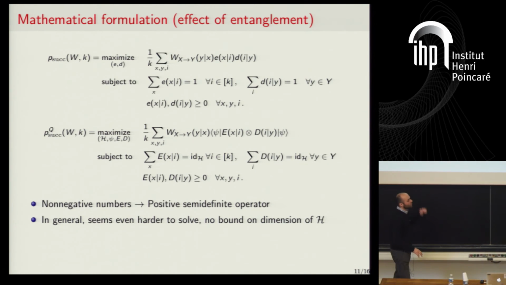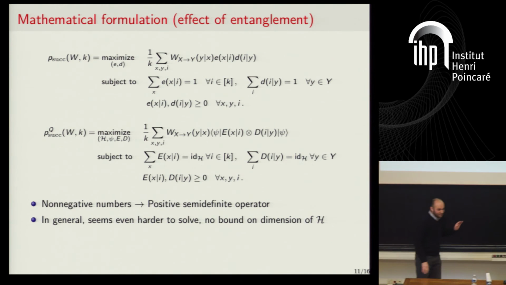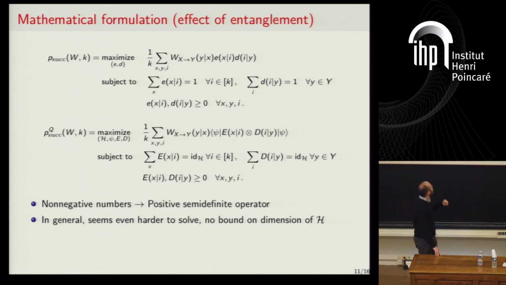Maybe let's write the optimization programs next to each other so that we see the links. That's why I wrote it in this randomized way, so that the quantum version and the classical version look very similar. The difference is that instead of having these E(x|i), which are scalars, now they're operators on a Hilbert space of arbitrary dimension, and we're optimizing over those.